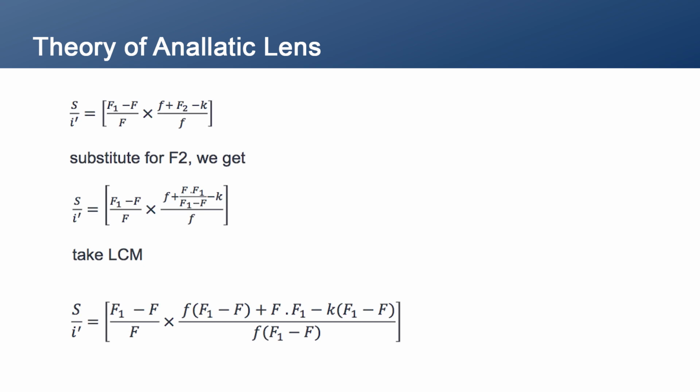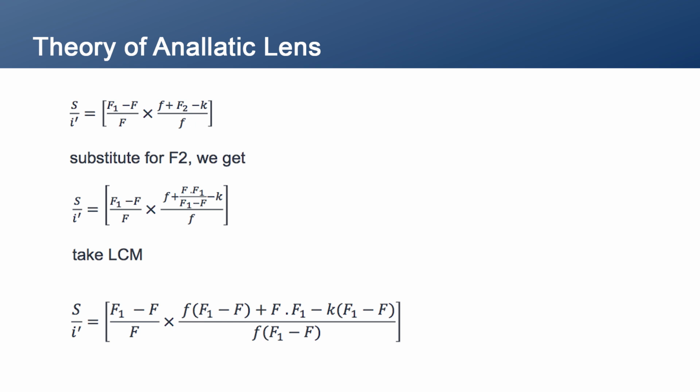Now, S by I dash is equal to f1 minus f by f into f plus f2 minus k by f, and when we substitute the value for f2, we get S by I is equal to f1 minus f by f into f plus capital F f1 by f1 minus f into k by f.